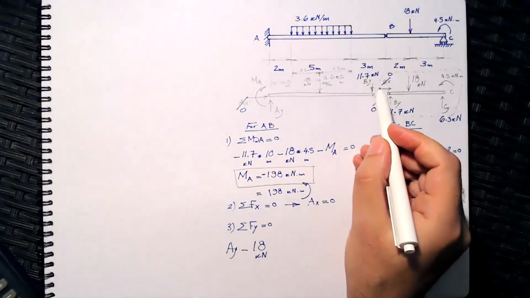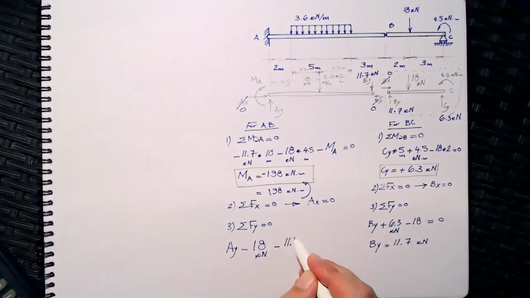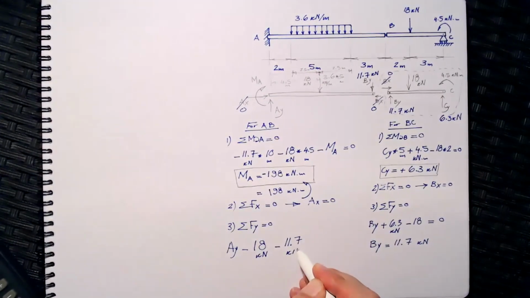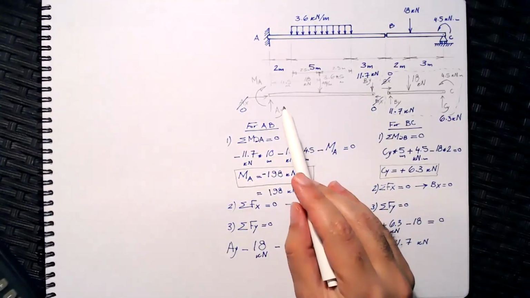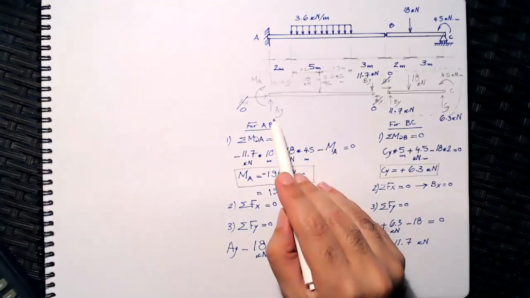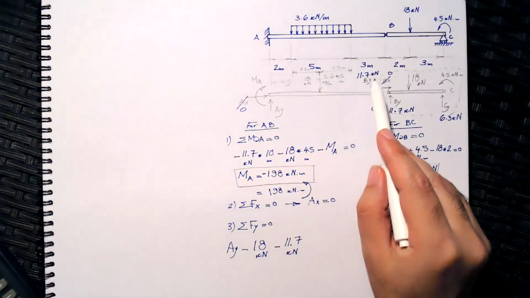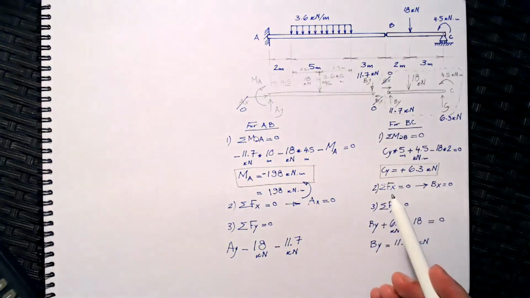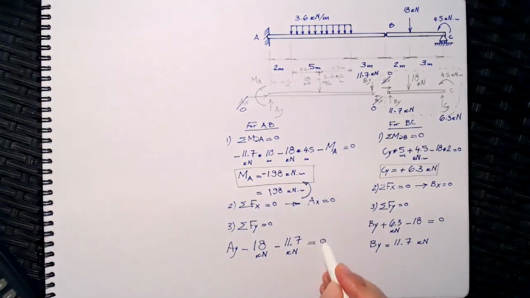There is By going downward, so I will take minus 11.7 kilonewton. I will just look closely that I accounted for all the forces in Y. So I counted AY, the 18, BY, which is 11.7. That's pretty much everything. So when I add all of it, it has to equal 0.